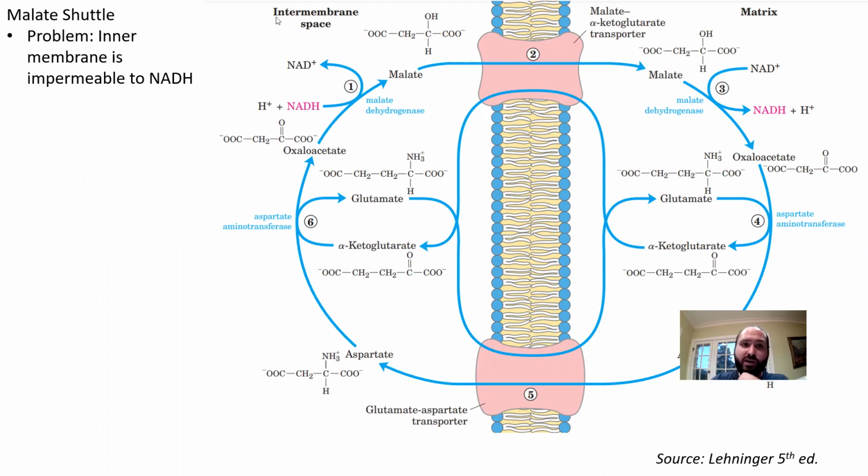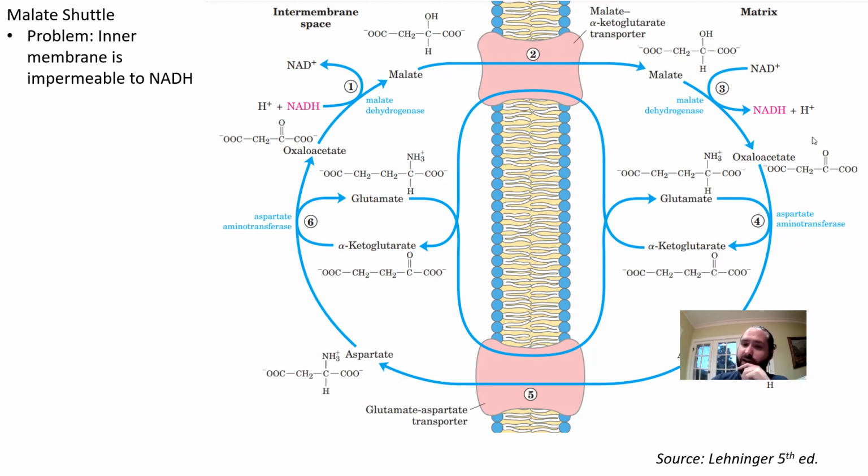So we'll see some diagrams which will call this side the matrix and this side the cytosol or cytoplasm. Don't get confused by that either, because the intermembrane space is functionally continuous for a lot of molecules with the cytosol.